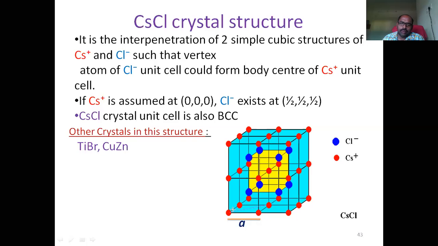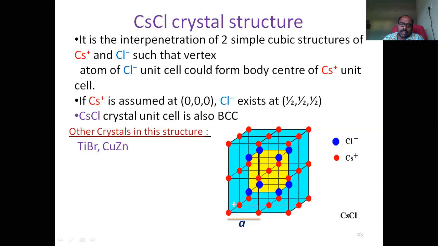From this point to this point it is half of the body diagonal, root 3a by 2, since the total body diagonal length is root 3a. Root 3 is 1.732, divided by 2 gives 0.866, so this distance is 0.866a.